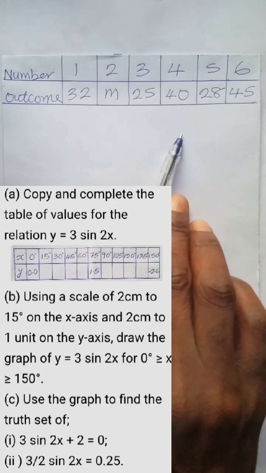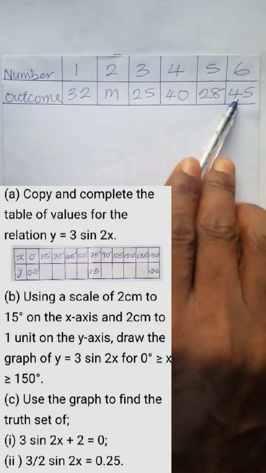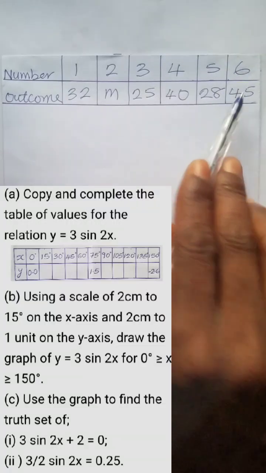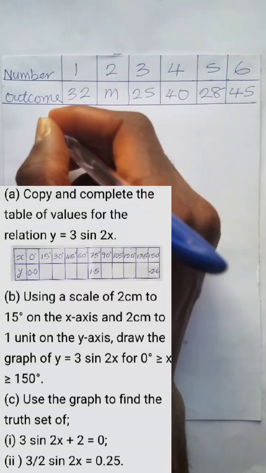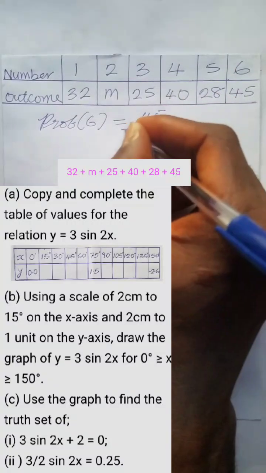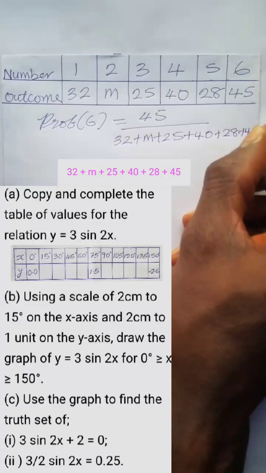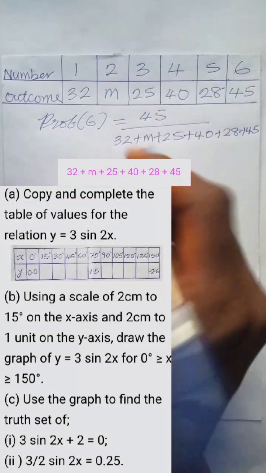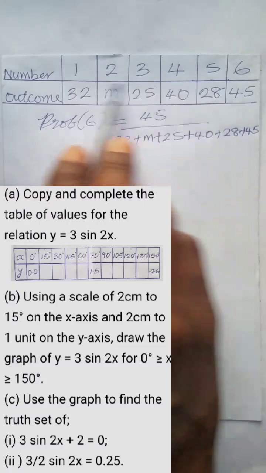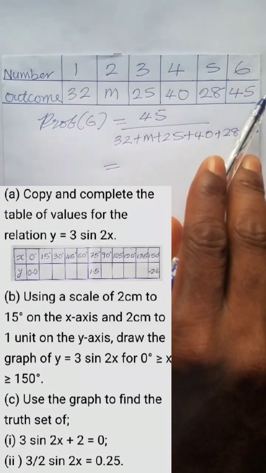First, if we are asked to find the probability of obtaining a 6, this 6 here, what will we do? We simply say probability: how many times we have a 6? That's 45, divided by the total number of times the die was rolled. Remember what probability is?